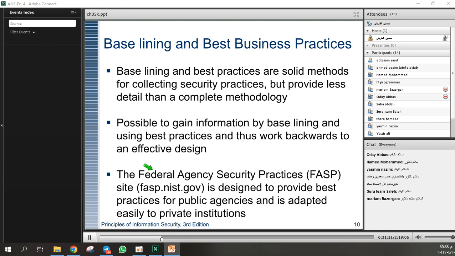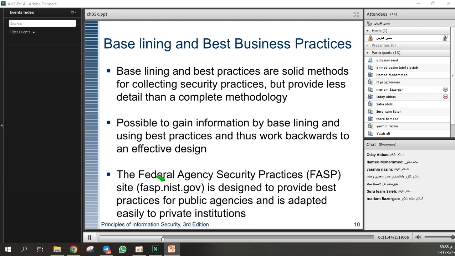Here in the USA, we have the Federal Agency Security Practice, fasp.nist.gov. This agency's best security practice is designed to provide best practice for different public agencies, and it is easily adapted to private institutions.